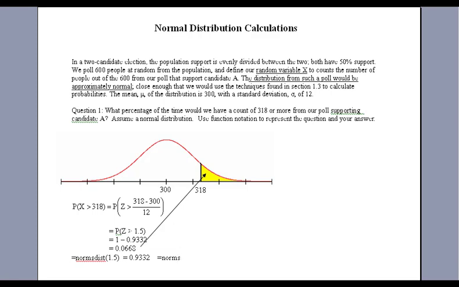And so if I were to type NORM.S.DIST, knowing that all I want is this little tiny region right here, if I type negative 1.5, the output from this would be 0.0668. Again, it's good to know how the software works, so therefore you can make the decision of what to type in and make sure you understand what you get back out.